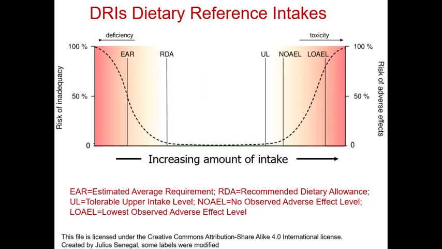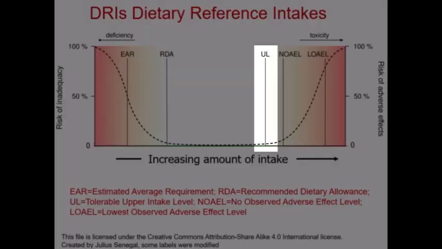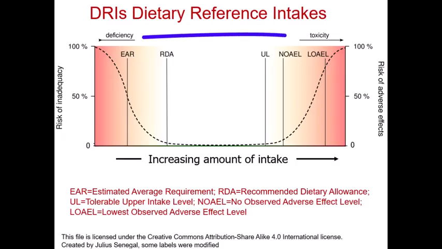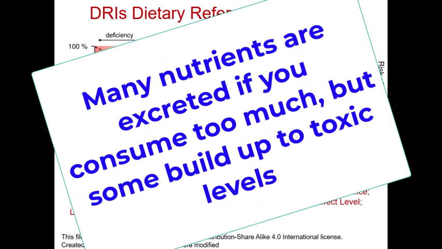One more category are ULs. On the opposite end of the continuum from deficiency is getting too much of a nutrient, which can result in toxicity symptoms. With many nutrients, if you consume too much, the body will just limit further absorption of it, or it will excrete it.